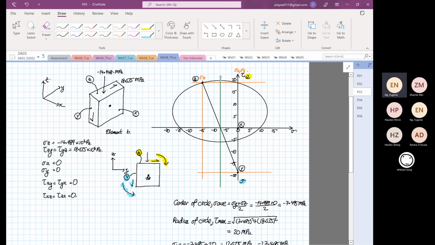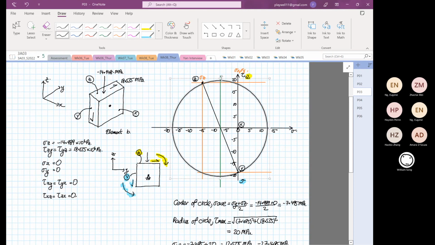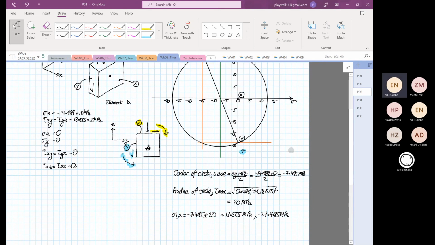And this one, we can construct a 3D Mohr circle. So what you see over here is this circle.